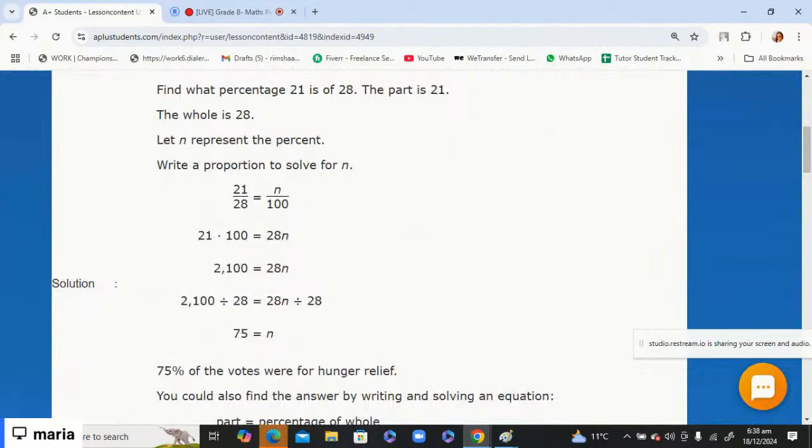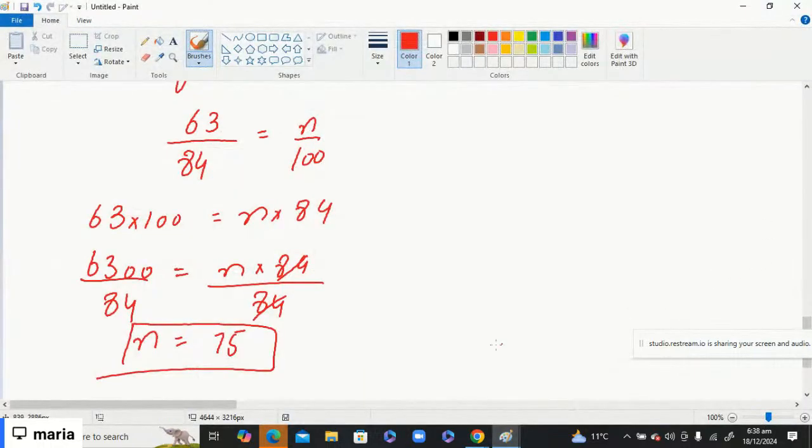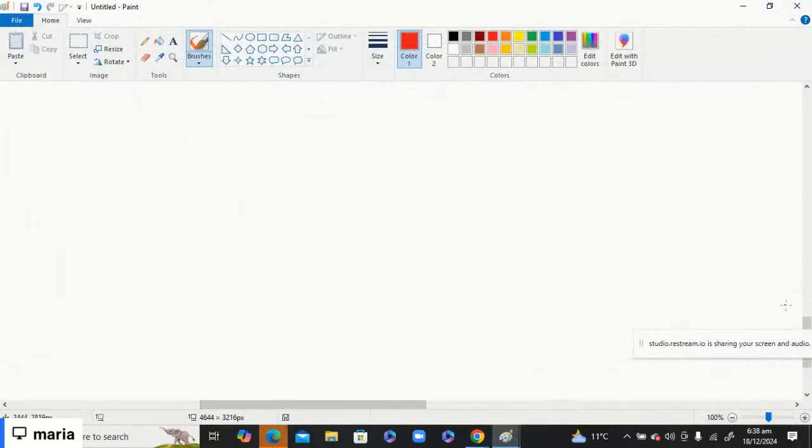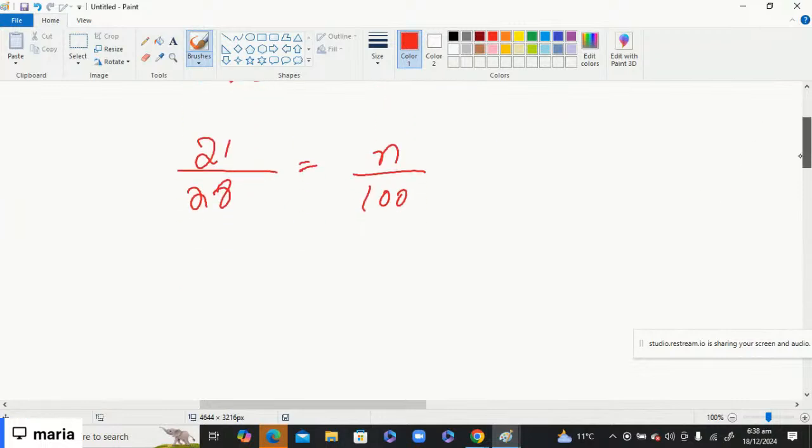You are going to find what percent, because they are asking what percent of the votes. So the formula is part over whole equals percent over 100. The part is 21 votes out of 28, the percent is not given over 100. We're going to find that percent.